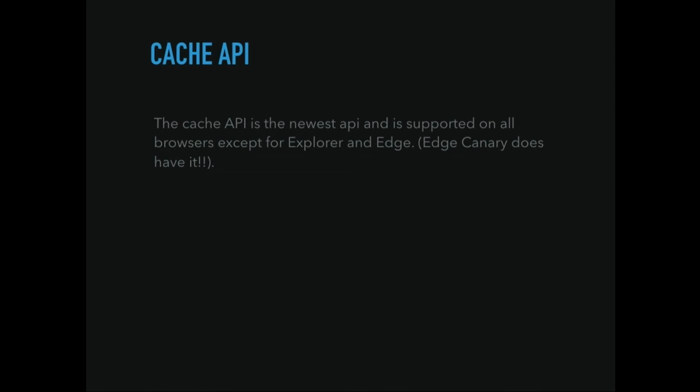It's way easier to use than IndexedDB, I think, and it has a lot of the same functionality. It's the newest API. It's supported on all browsers except for Explorer and the old Edge. As I said earlier, Edge Canary has it. Limits vary by browser. I didn't see the exact limits. I think it's similar to IndexedDB.